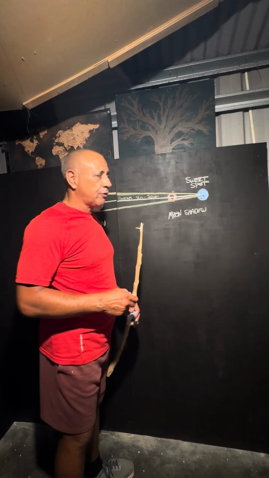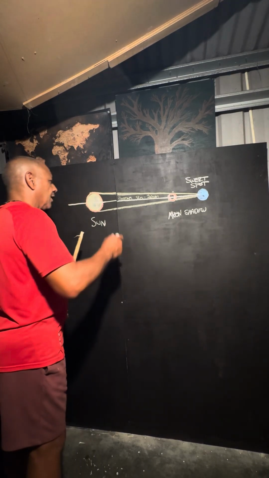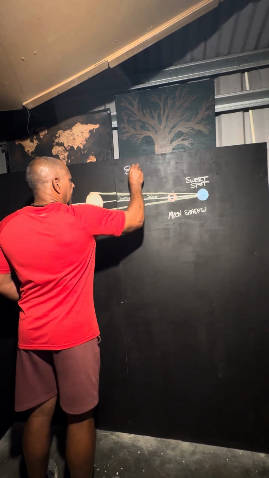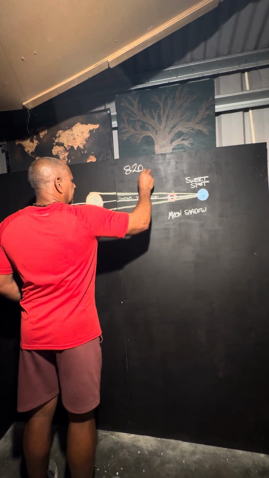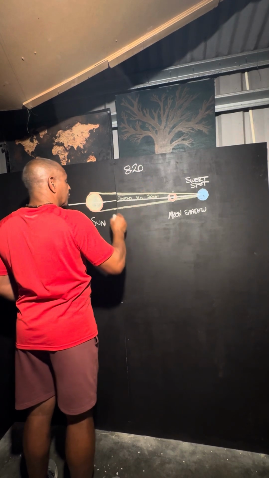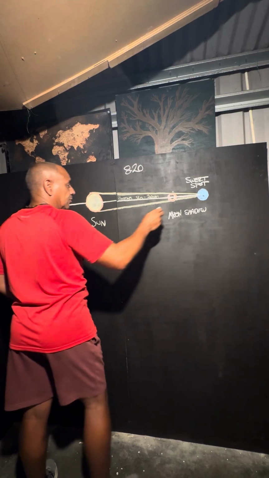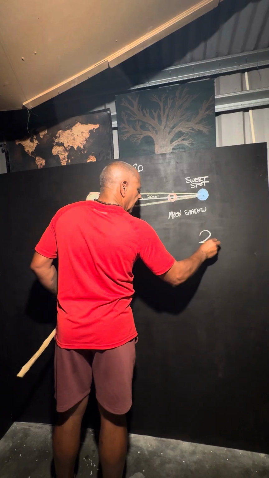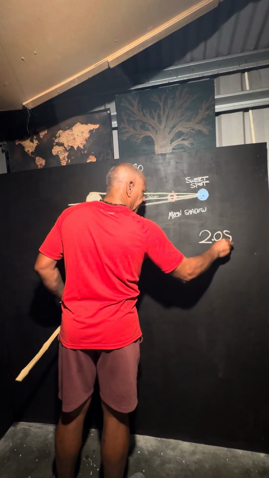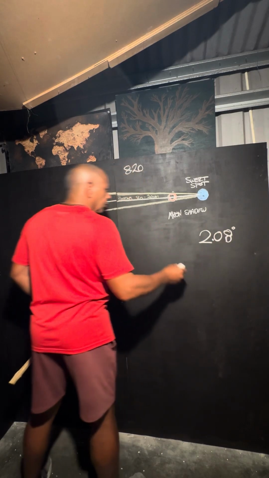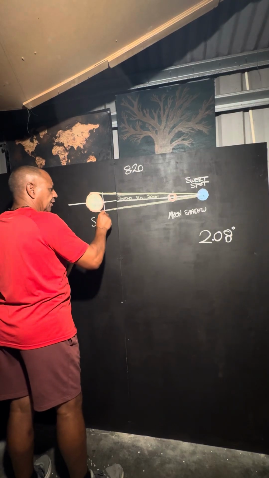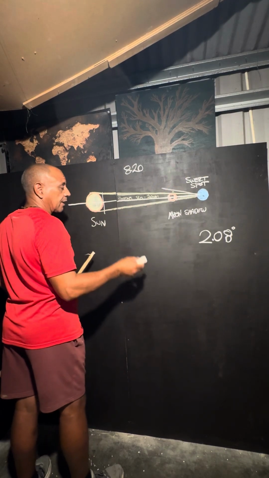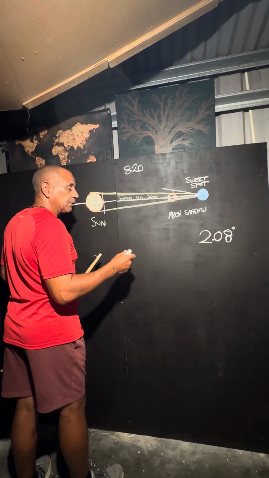It's not a case of photons, because in 8 minutes and 20 seconds, planet Earth spins anti-clockwise on its axis by 2.08 degrees. So, photons leave the sun when planet Earth is facing slightly that way, exaggerated angle, but 2.08 degrees.